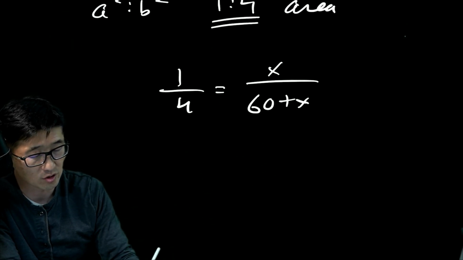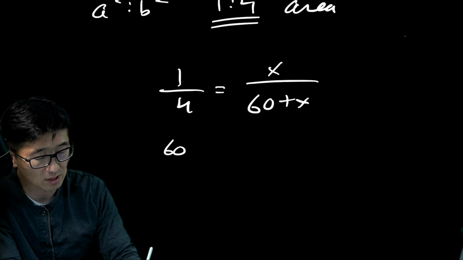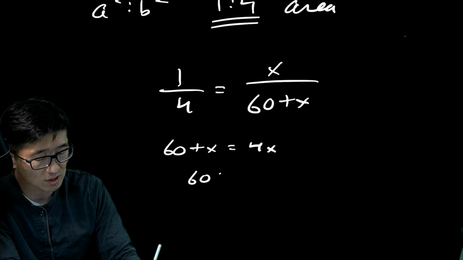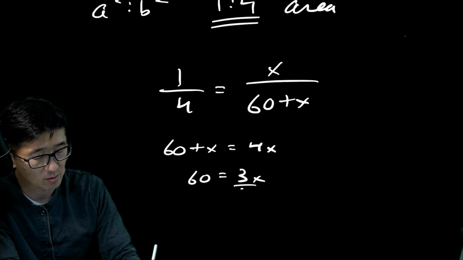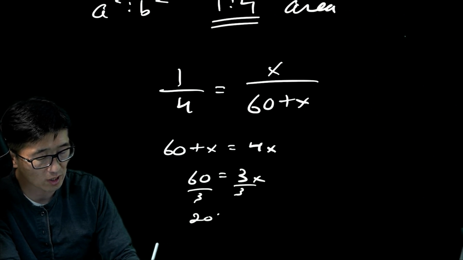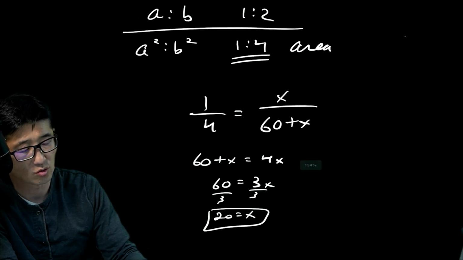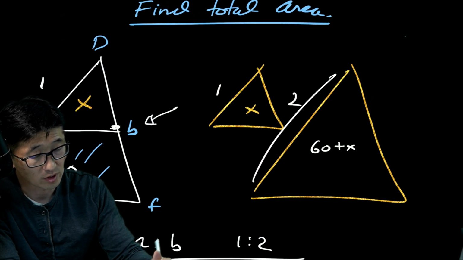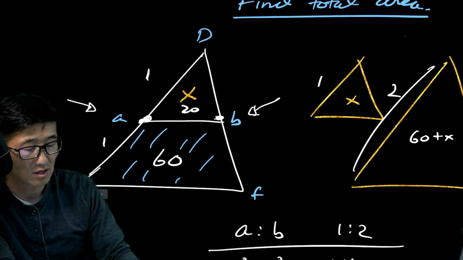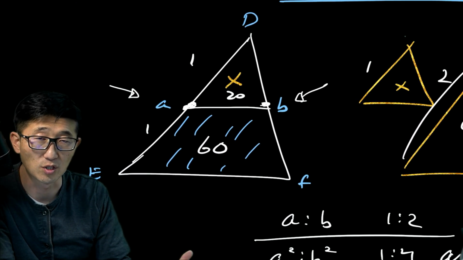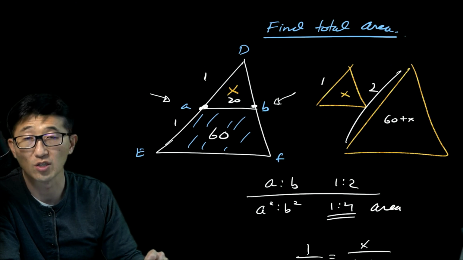All we have to do now is use some basic algebra. So 60 equals 3x. Divide both sides by 3, and voila, x is equal to 20. So that's 20 right here. And now the total area is simply 60 plus 20, which is 80. And that's how you solve this problem.